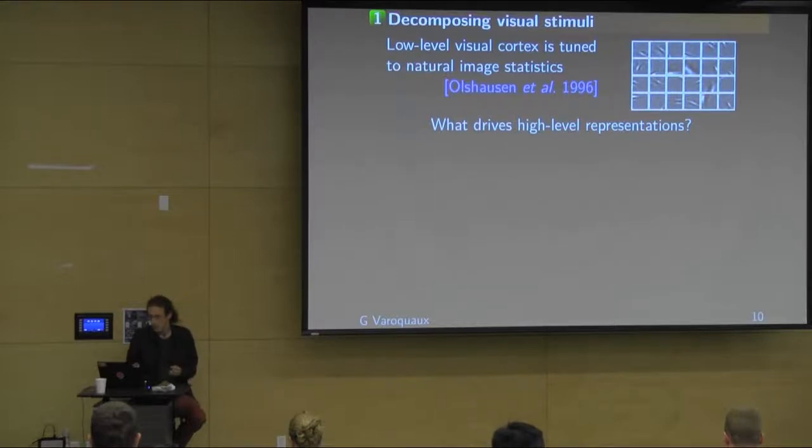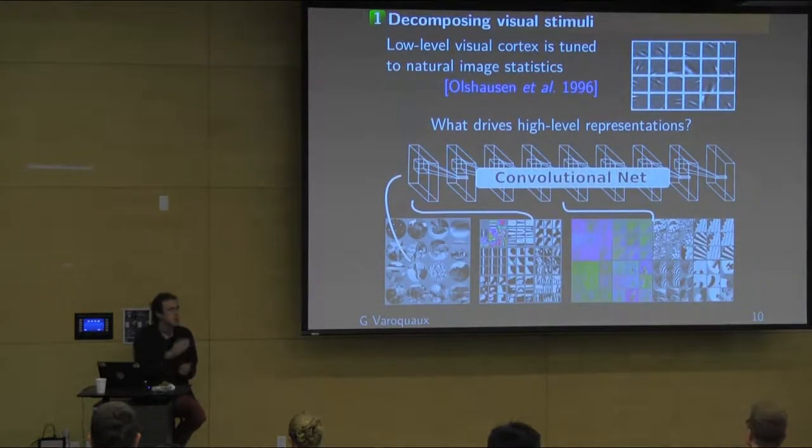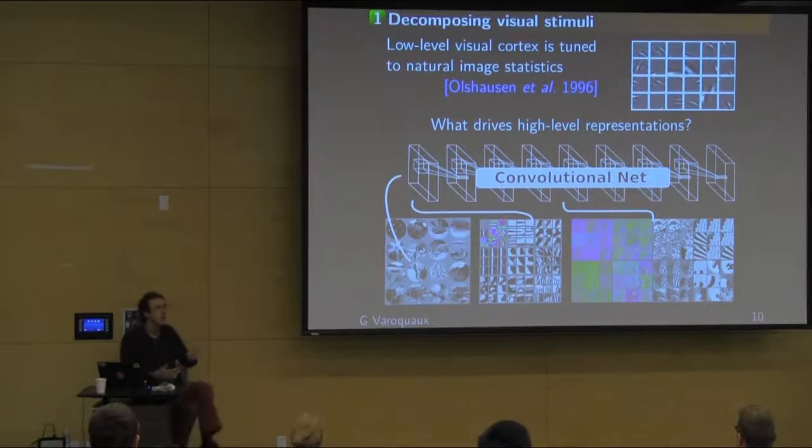So what they really give us is a hierarchy of different representations, starting from Gabor filters. So that's the input images. Here we have simple filters, and as we move forward we have more and more complex filters. And what's important is that those filters are driven by the statistics of the stimuli we put in.